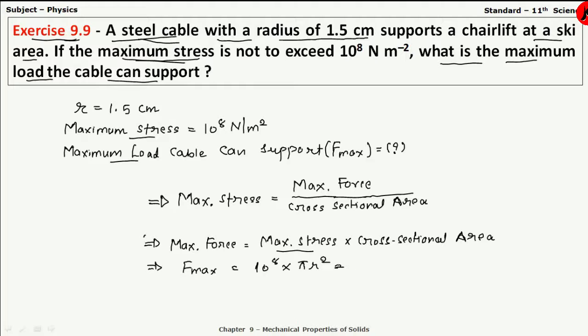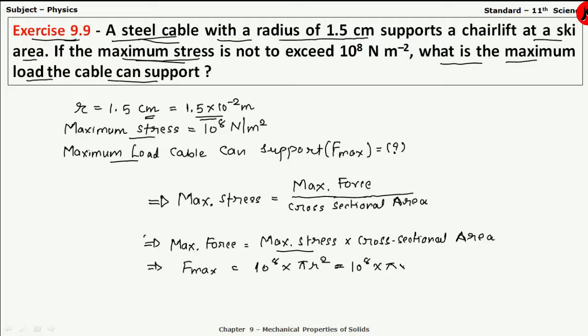Right, so equal to 10⁸ into pi. Now the radius is given, but this radius is in centimeter. Right, if we convert in meter, then it becomes 1.5 into 10⁻² meter. Right, so this is the radius in meter.